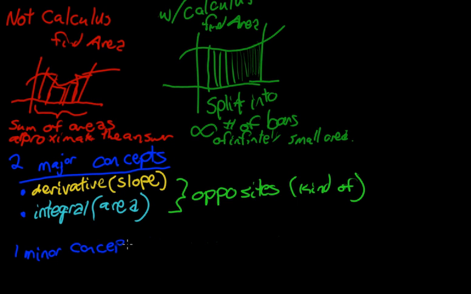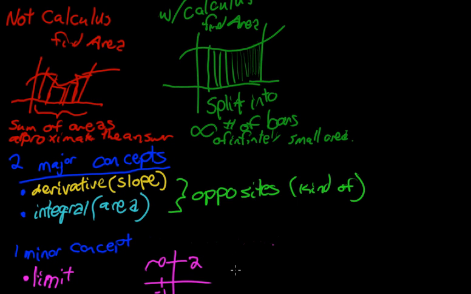And there is one minor concept, which is a limit. And a limit is just, let me draw a limit problem. We'll put that at -1 and this at 2.